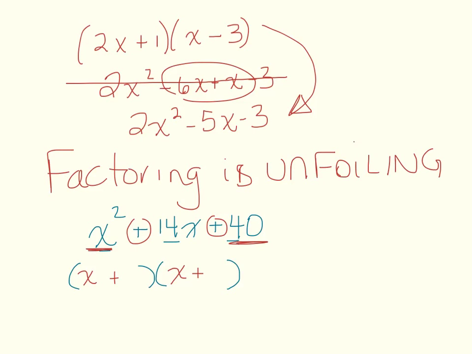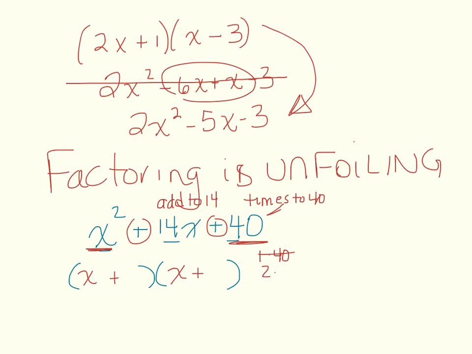Well, there's 1 times 40, but 1 times 40 would make 40 here, but you have to add to 14 here. So those two numbers have to add up to 14 in the middle, and they have to multiply to 40 at the end. So 1 times 40 won't go together and make a 14 when you add, so that's not good.